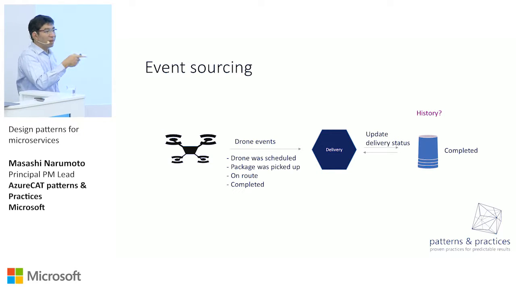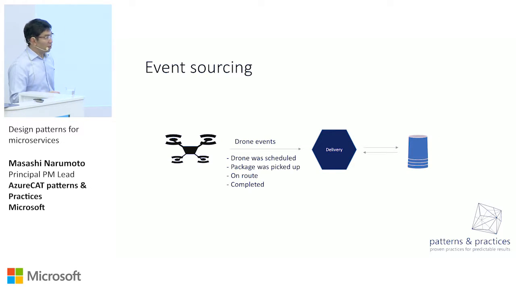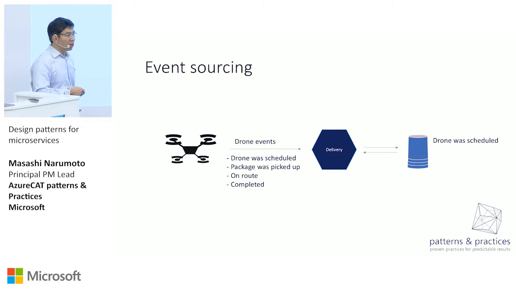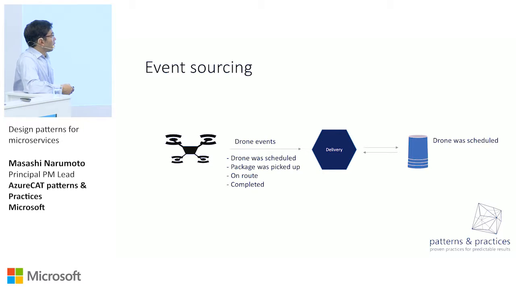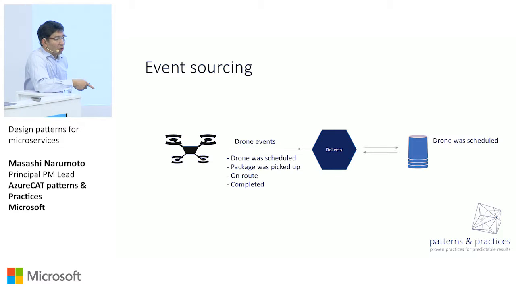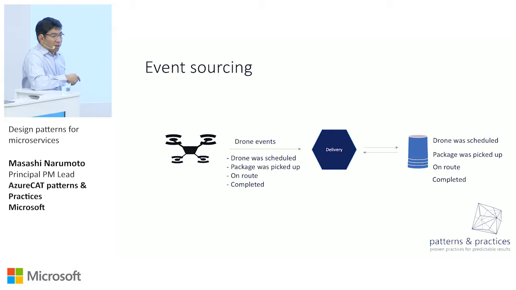If it's okay, no problem, you can keep doing this. But if you want to maintain that history, there is another pattern, event sourcing. Instead of updating the same record, you keep adding a new record to that database. You append the record, append only, no update, right? So those 4 records. Now you can go back to see, hey, when the package was picked up, you can pinpoint this record and see when it happened, right?